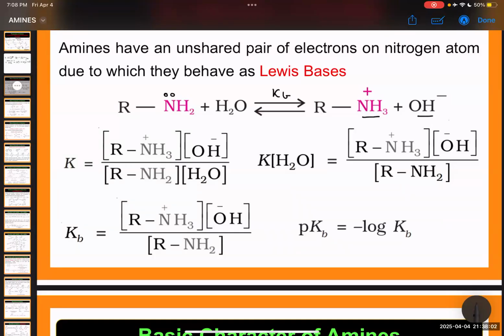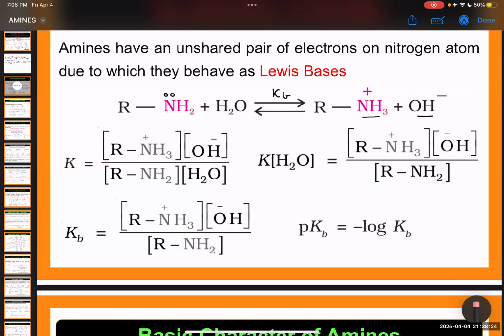By Kb you can measure the equilibrium constant, or you can just put a simple K also, it doesn't matter. It is a measure of basic strength.